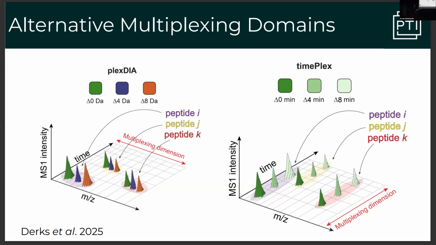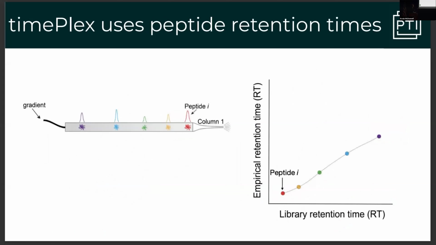So we can multiplex in the time domain by inducing offsets in retention time for our different samples. As our peptides elute off the column, we have a very high expectation of when they will elute, and particularly the order in which they will elute. This can be improved with transfer learning and machine learning, so we can get very accurate predictions of when our peptides will elute.